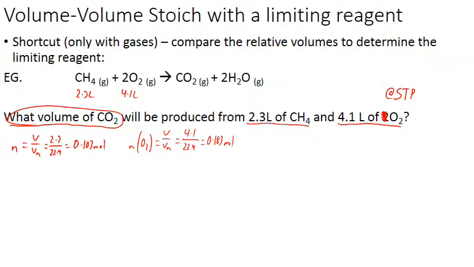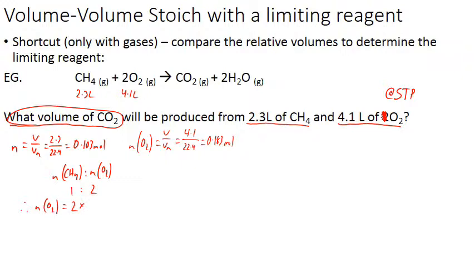We can then go through and compare the mole ratio. So our amount of CH4 to our amount of O2 is a 1:2 ratio. Ergo, to react all of that CH4, we would need twice the amount of oxygen.